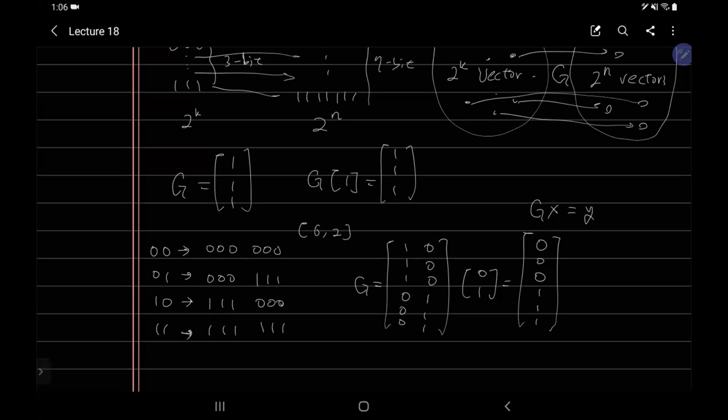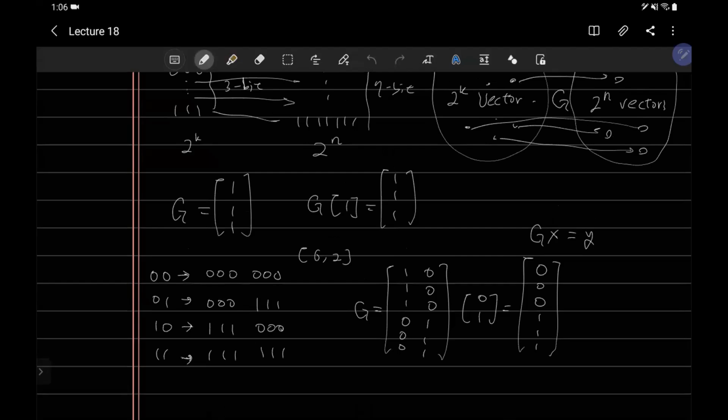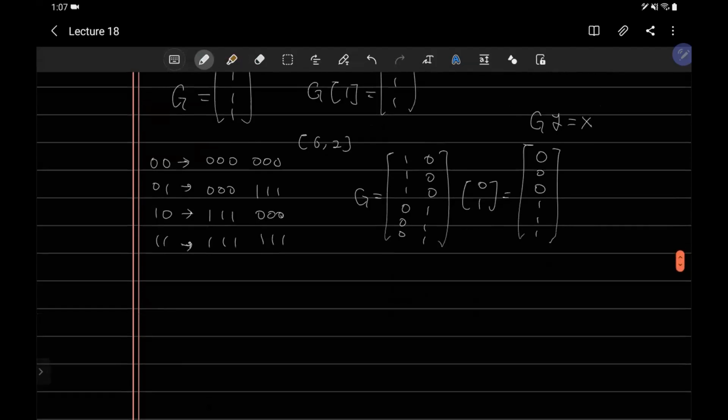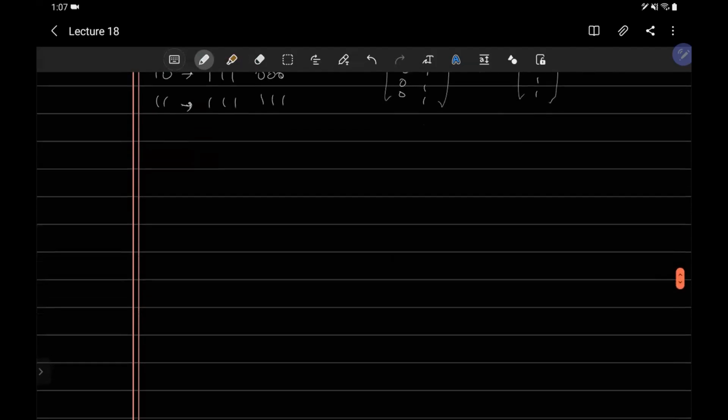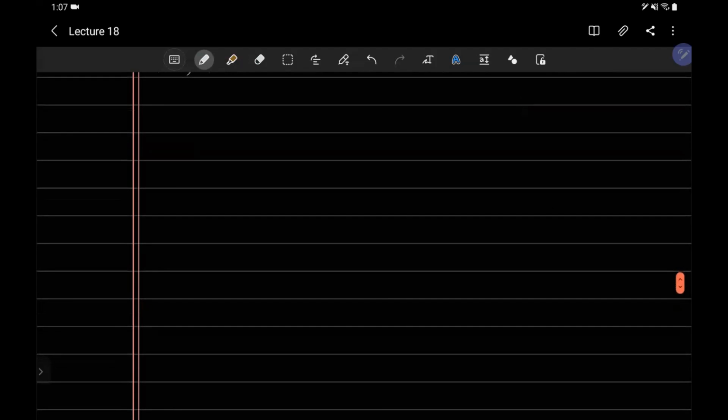By the way, let me use a different notation than this one. Previously I said I will call the message X, but let me call the message Y and the generated code word X, so that I can use a consistent notation for the parity check matrix.